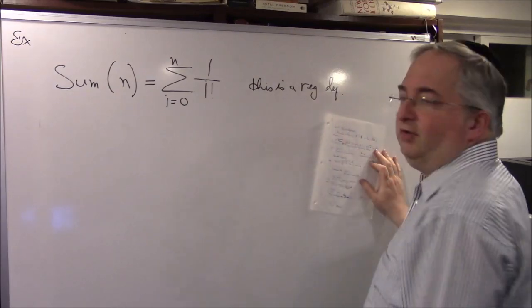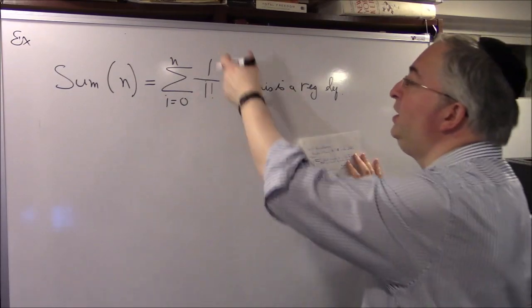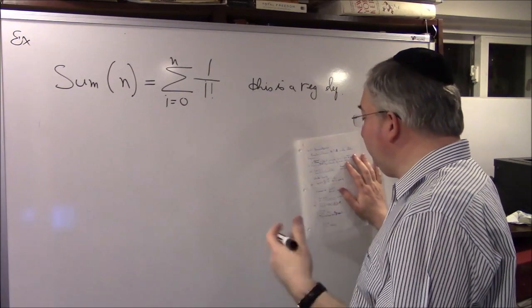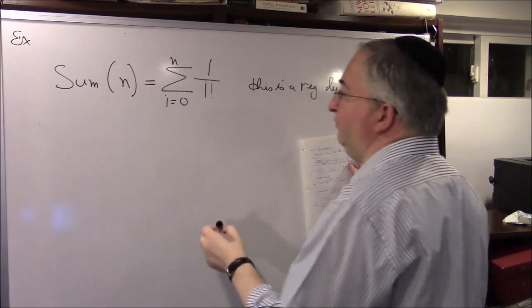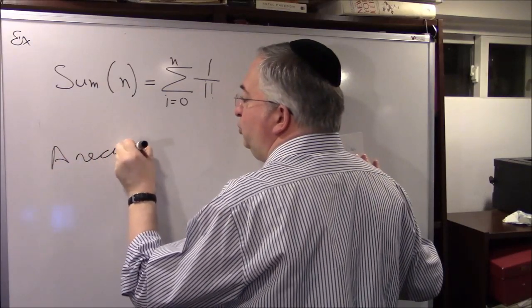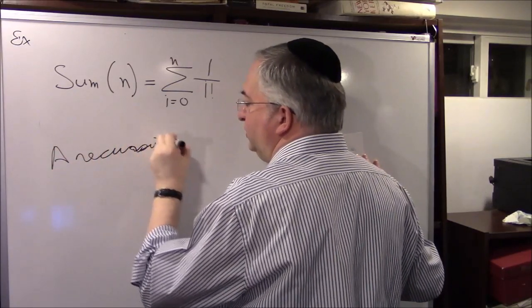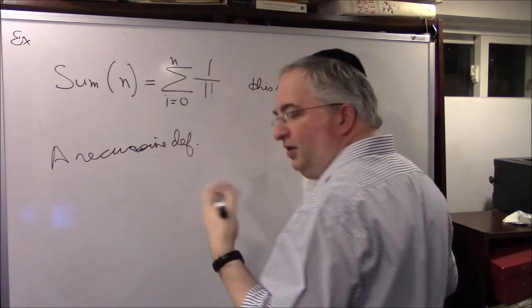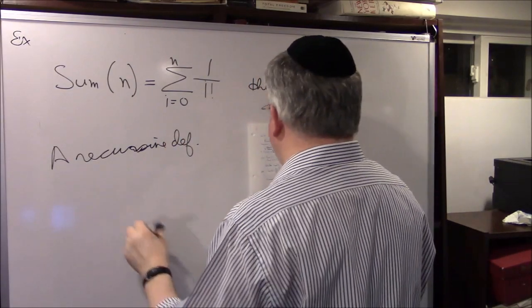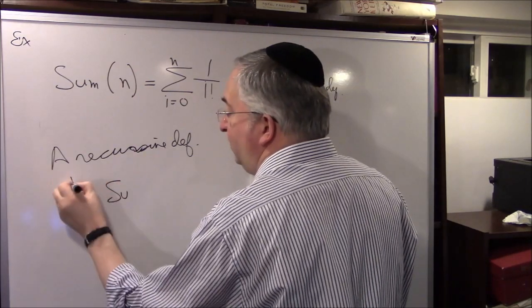That's a standard definition. Add up all the numbers from 1 over i factorial. Okay, I'd like to give you the same definition, but a recursive definition. You will like recursive definitions because they're a little bit more clearer in some sense. Okay, this goes as follows. Sum, first I have to give you the base case.